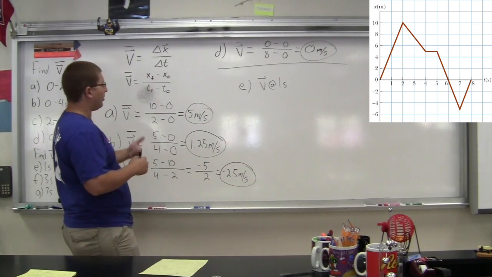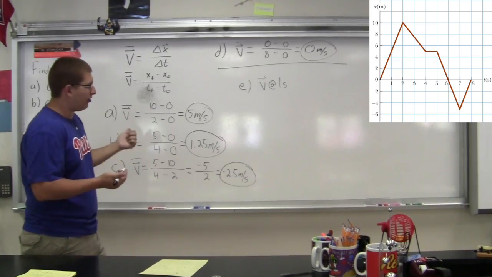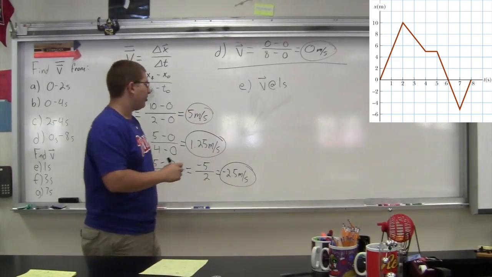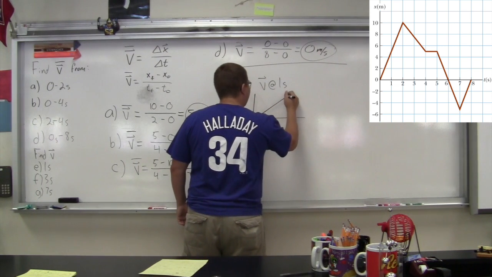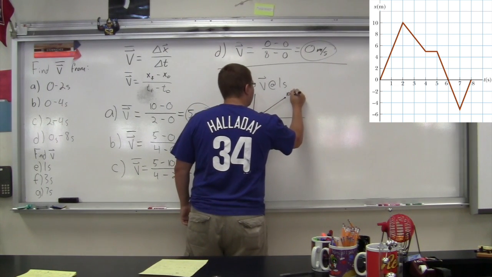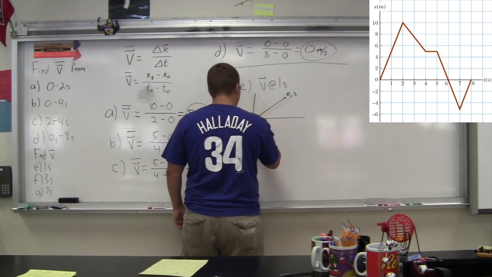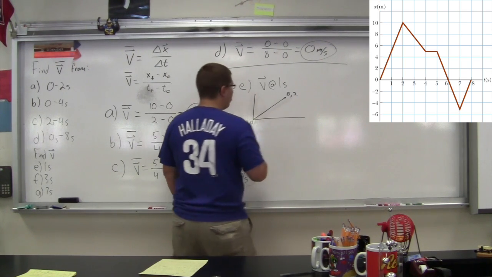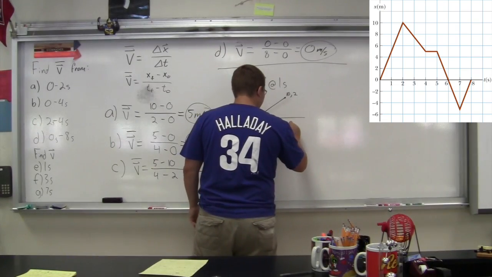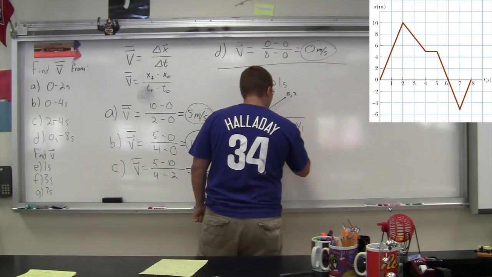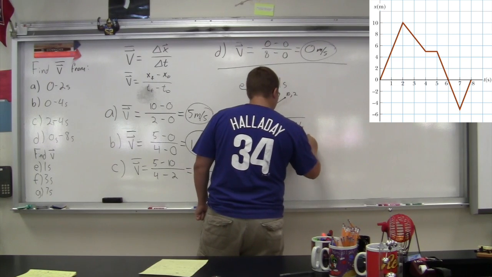We actually found that slope over here with the average velocities. But if we're going to find the slope of a line that starts at 0, 0 and ends at 2, 10, we use the slope formula: m equals y2 minus y1 over x2 minus x1.